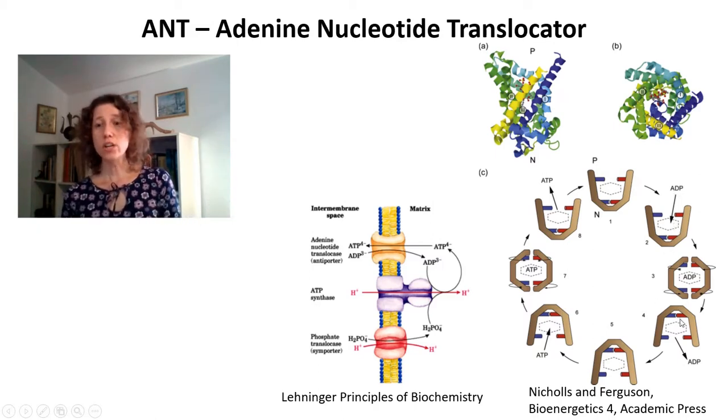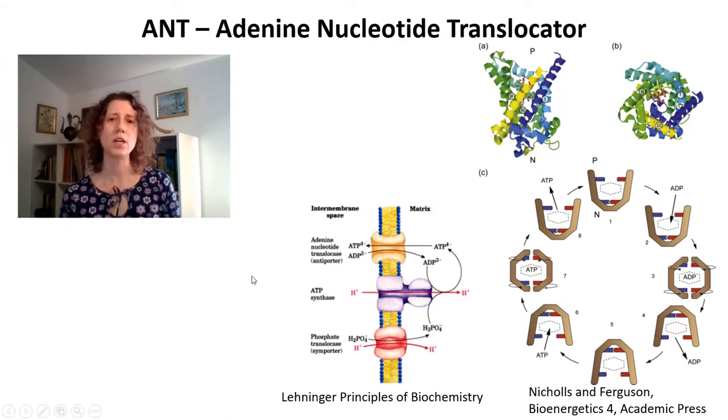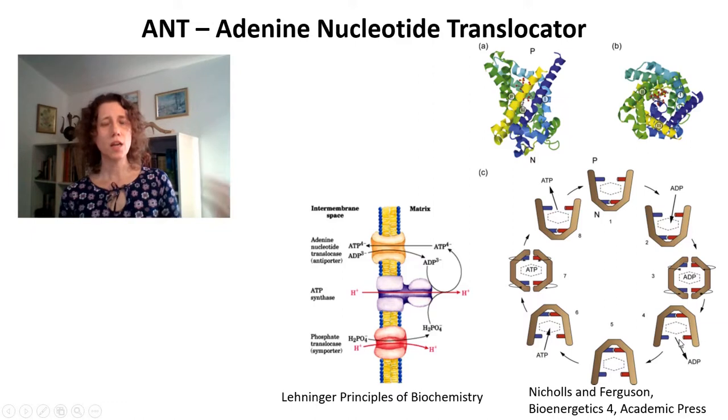This binding changes the structure of this protein and makes it now face the matrix side of the membrane and also release ADP. The protein now has an affinity for ATP. It will bind ATP, change its structure again, and now face the intermembrane space once more and release ATP into the intermembrane space, into the outer side of the inner mitochondrial membrane. So it cycles between binding and transporting ADP into mitochondria and binding and transporting ATP out of mitochondria.